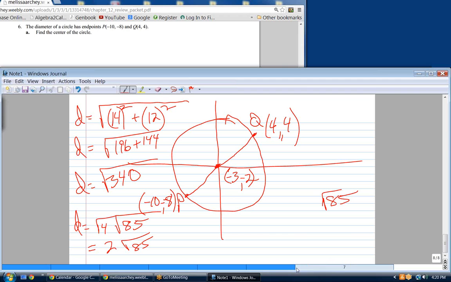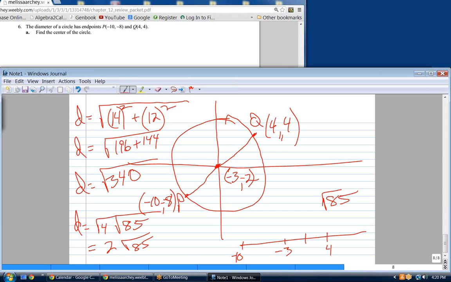Okay, well, let's figure out how we get the midpoint between two coordinates. We know the x-coordinate is halfway between -10 and 4. Well, if I draw a number line, and I put 4 there, and I put -10 over here, how do I find halfway between those two? Counting it out.